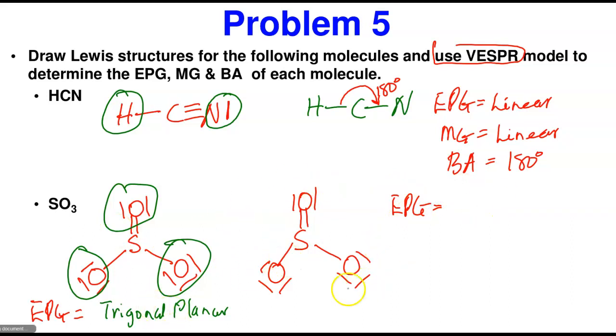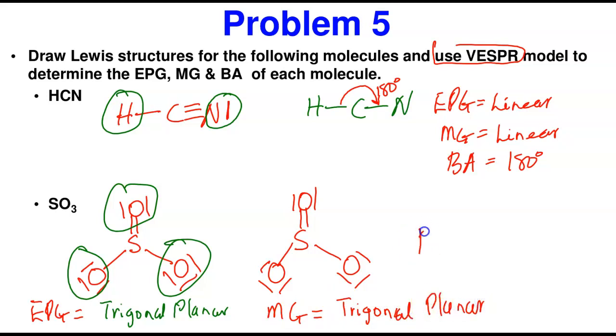I can write the molecular geometry here, sorry. So the molecular geometry will still be trigonal planar. It didn't change. And the bond angle, of course, is going to be 120 degrees according to that table.